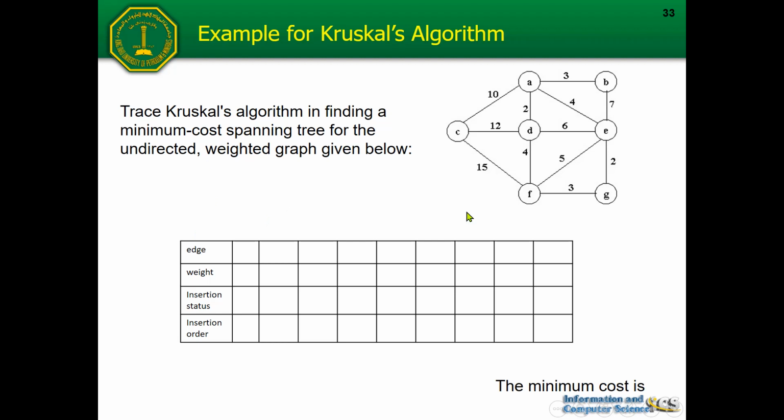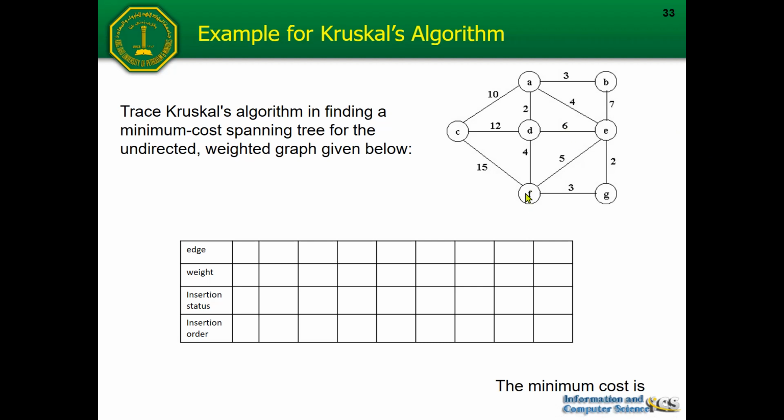So if you look at this input graph, the first thing that you need to do in order to apply the Kruskal algorithm is to order the edges based on the weight, in increasing order, or ascendingly. So now what we have, there are this edge and this edge that have the least weight, right?